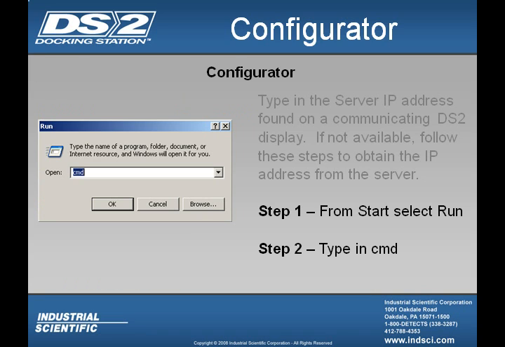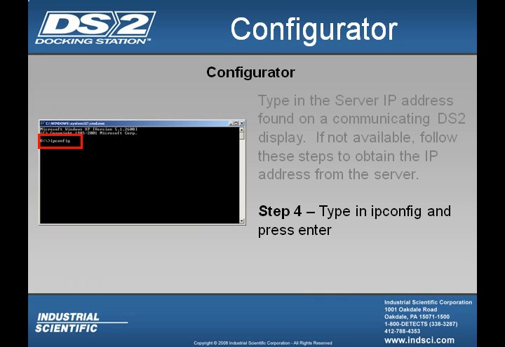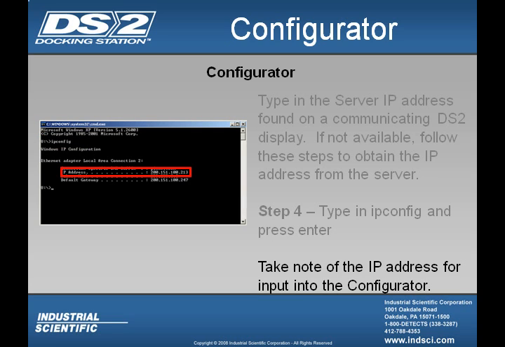And then under Open, I'm going to type in CMD. Click OK to accept that. And now, from here, I can type in ipconfig and press enter. At this point, I could take note of the IP address for the input into the configurator.